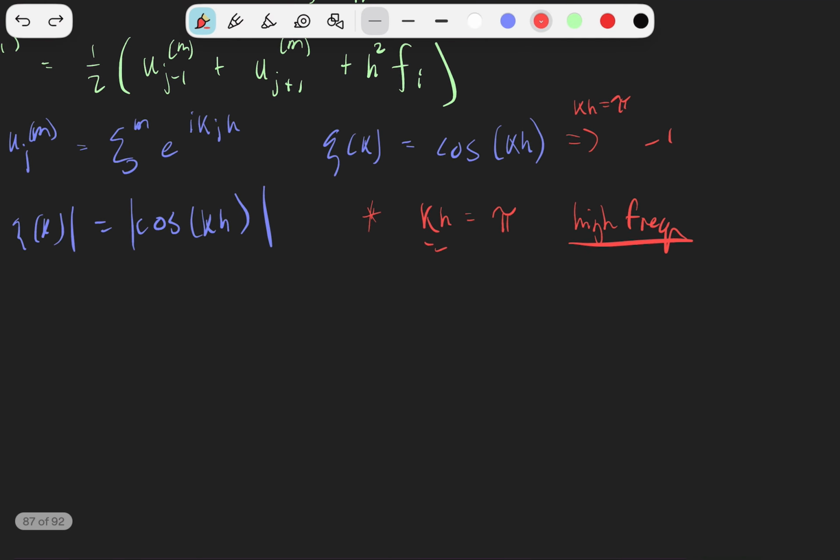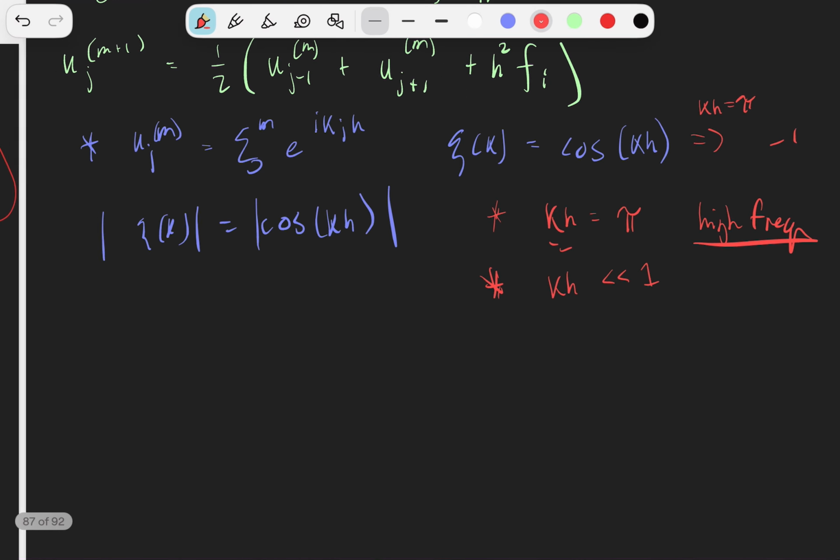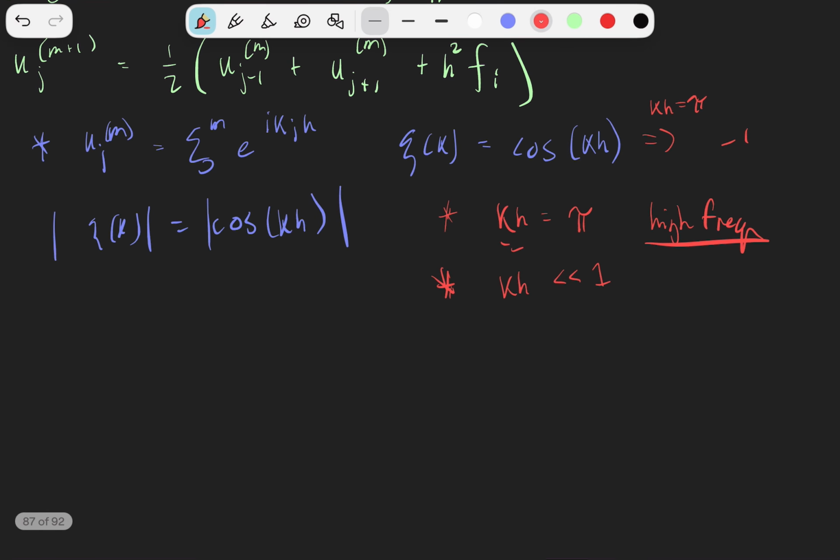The lower frequencies, what does that look like? Well, that would be when kh is much less than 1, all right? Which would imply this cosine is close to 1, but we're only looking at the absolute value.